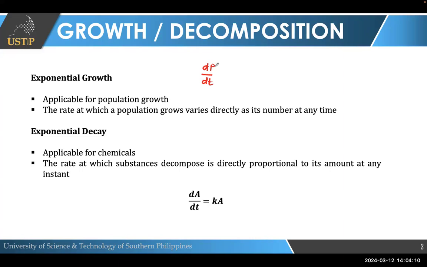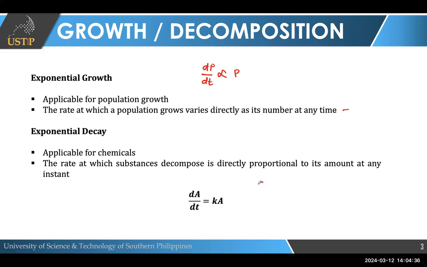So the rate of change, meaning the change of population over the change of time, varies directly, that's our notation when we say it's proportional to something, as its number at any time. So it varies directly as its number. That is the mathematical notation of this statement.